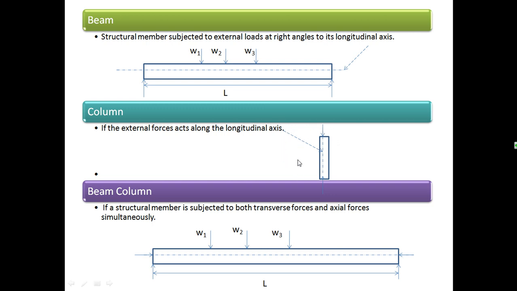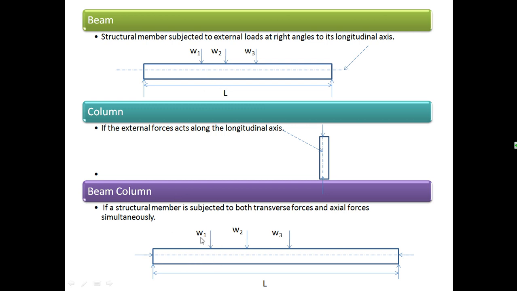About the column, we'll be studying in detail in later chapters. Now, how can the beam and the column be clubbed together at a particular joint? We say that it is a beam column. This is a member subjected to both the axial load and the transverse load. The axial load is along the longitudinal axis, and the transverse load is perpendicular to it, as we saw in the beam in the first figure.